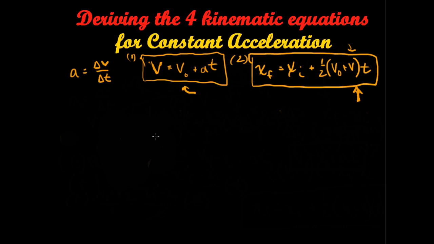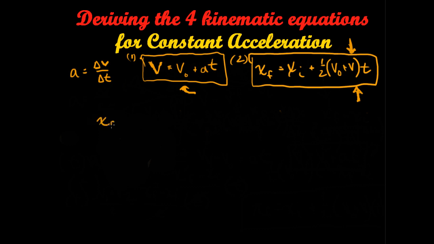So what do you do? Well, you basically do some more algebraic gymnastics. For your final velocity here, you could actually plug in your first kinematic equation right into where it has the v there. Let's go ahead and do that and see if we can get something without final velocity. Because notice, if we plug in this first expression, we no longer will have a final velocity in our second kinematic equation, which is the goal.